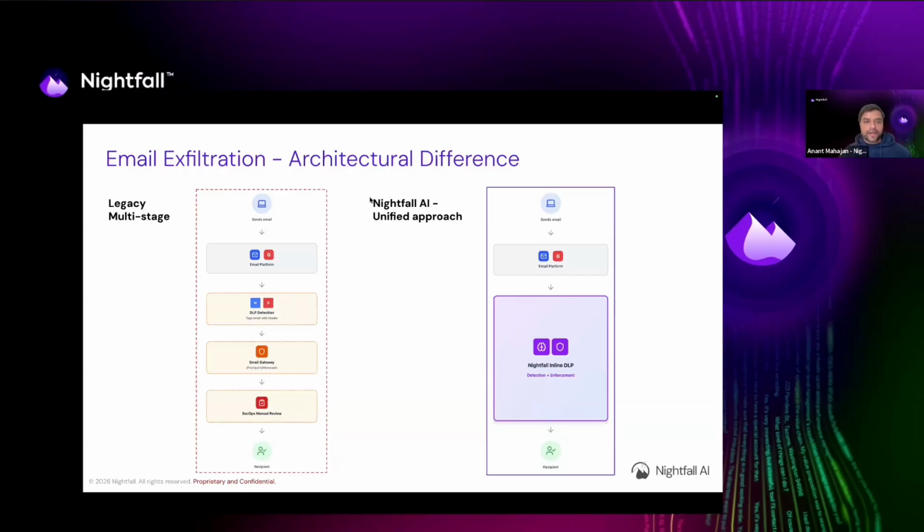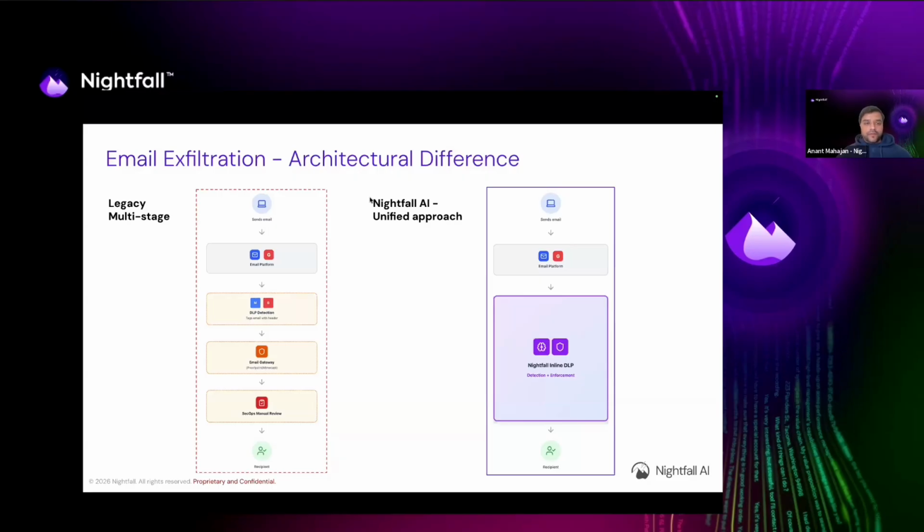Microsoft Purview adds a header anytime that email is scanned, and then that email is routed via a gateway. Typically, it could be Proofpoint, Mimecast, or some similar vendors. And then that gateway is enforcing that remediation action of whether it needs to be blocked, quarantined, and so forth.